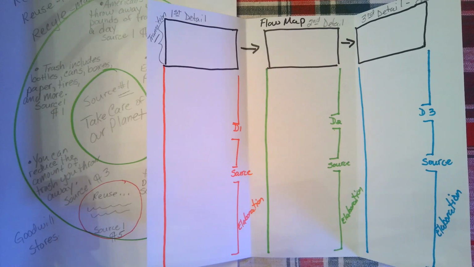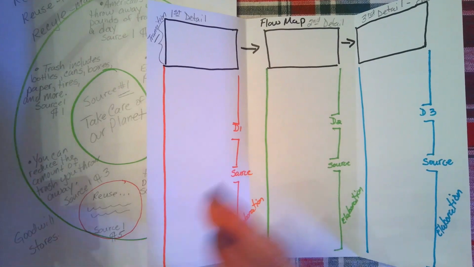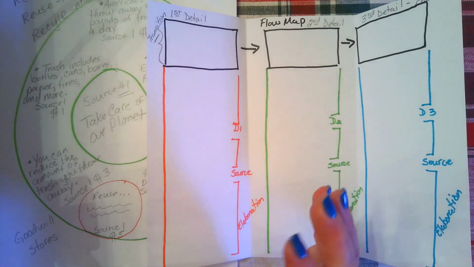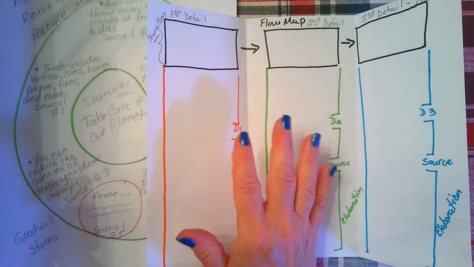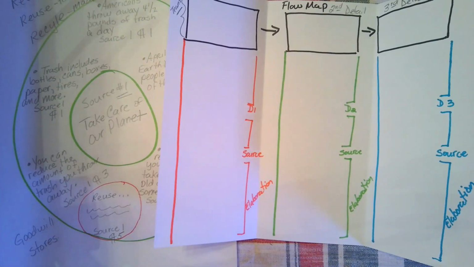The first thing that students are going to do is to color code each of the columns. I would use crayons or colored pencils. I wouldn't use markers here at all, even for the circle maps.